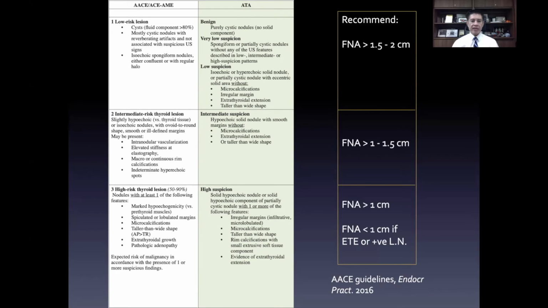And in the high risk category, any nodules larger than 1 centimeter, we would biopsy. For nodules smaller than 1 centimeter, we would biopsy, especially if it is clear on the ultrasound there is extrathyroidal extension or positive cervical node metastasis.